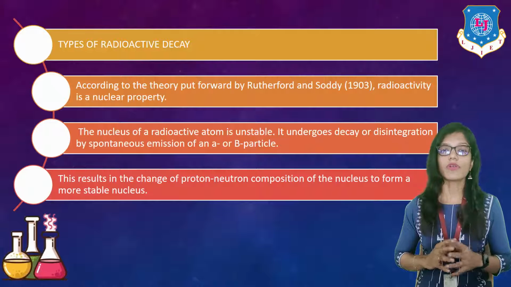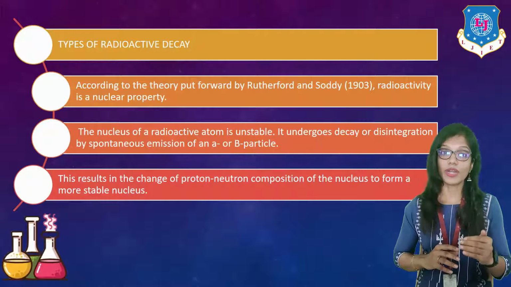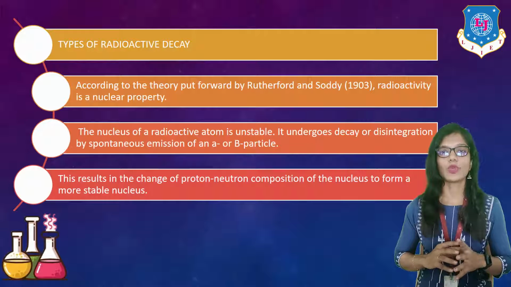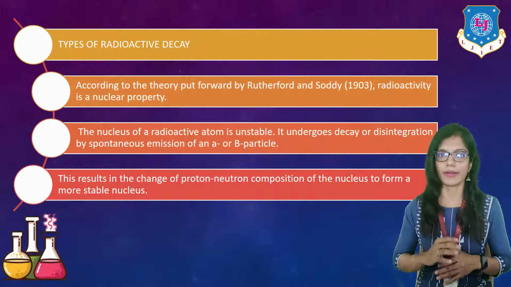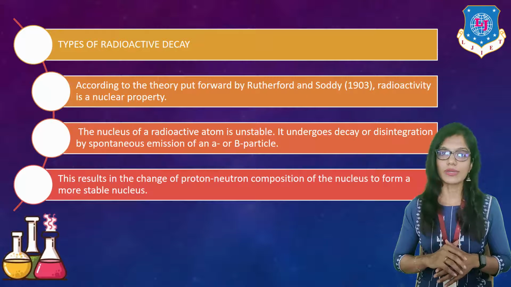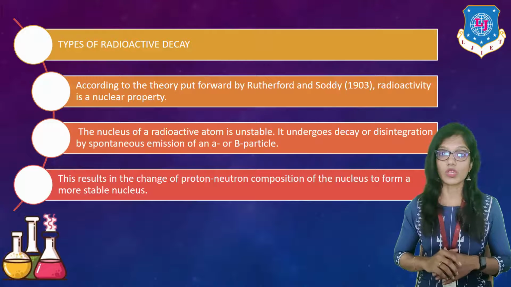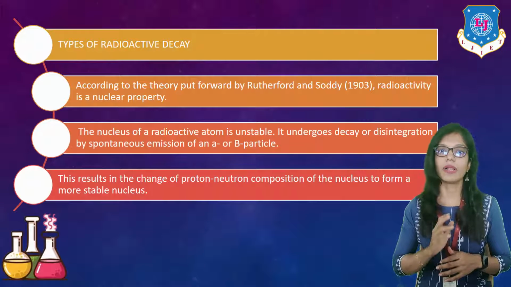The nucleus of a radioactive atom is unstable. It undergoes decay or disintegration by spontaneous emission of alpha and beta particles. So basically it will give you either an emission of an alpha particle or an emission of a beta particle. This results in a change of the proton-neutron composition of the nucleus to form a more stable nucleus.